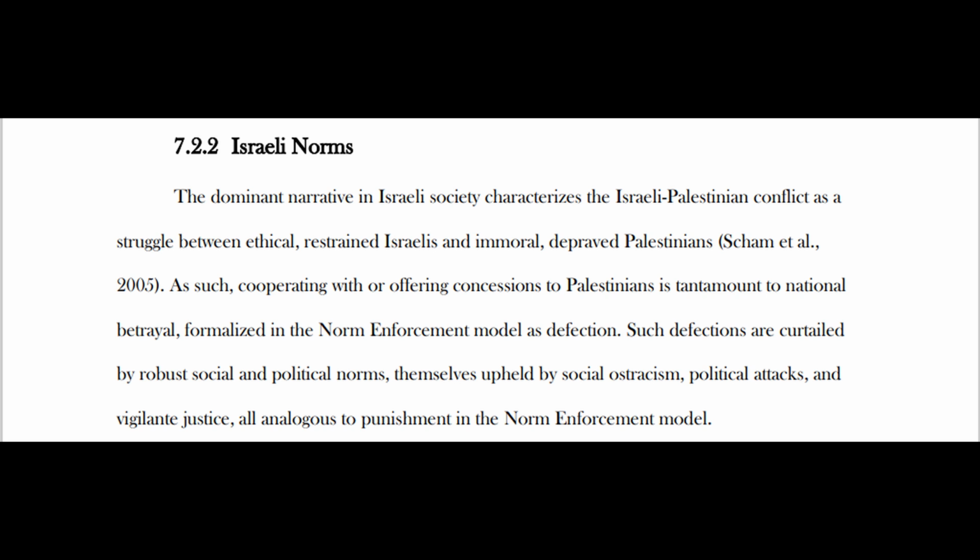As such, cooperating with or offering concessions to Palestinians is tantamount to national betrayal, formalized in the norm enforcement model as defection. Such defections are curtailed by robust social and political norms, themselves upheld by social ostracism, political attacks, and vigilante justice, and analogous to punishment in the norm enforcement model."